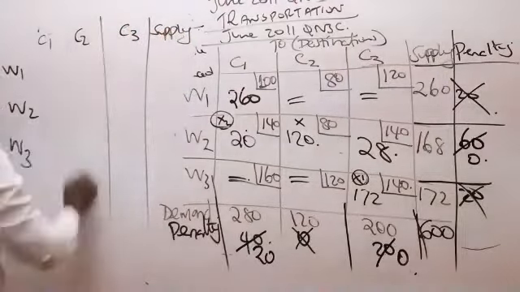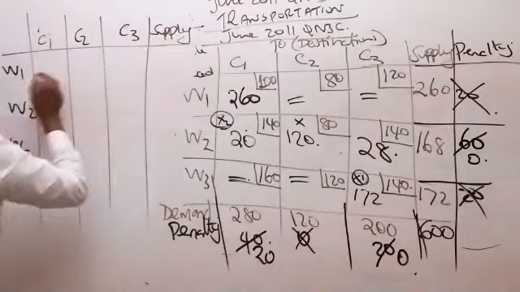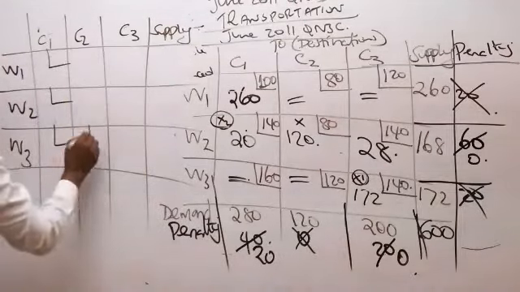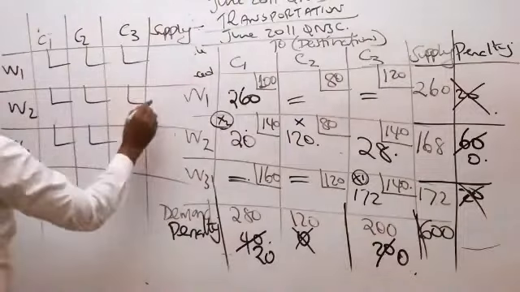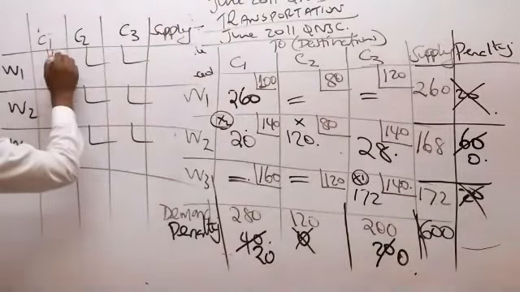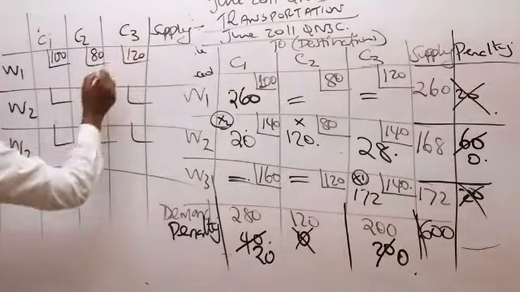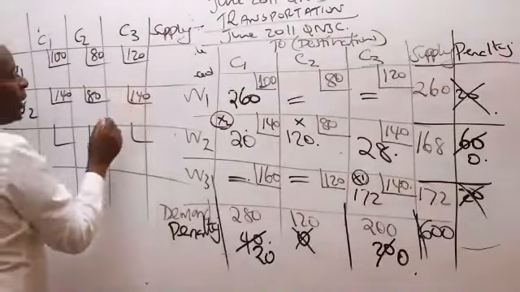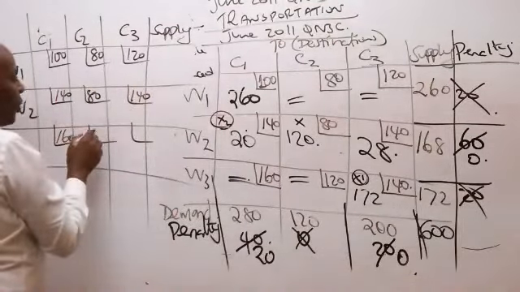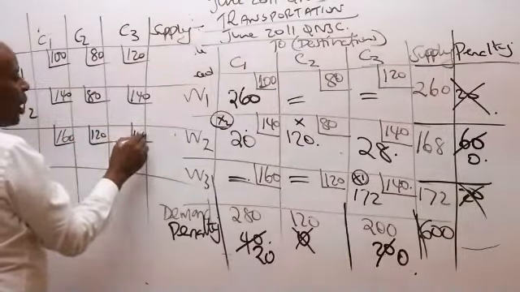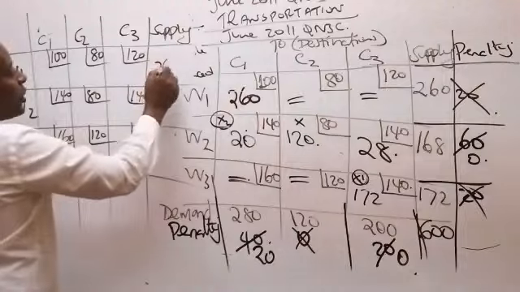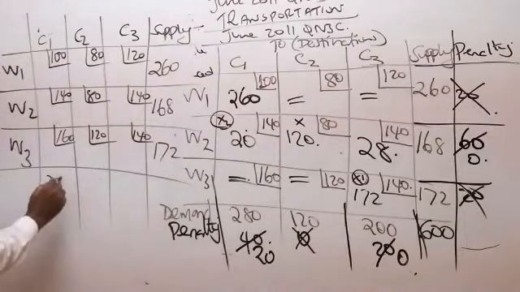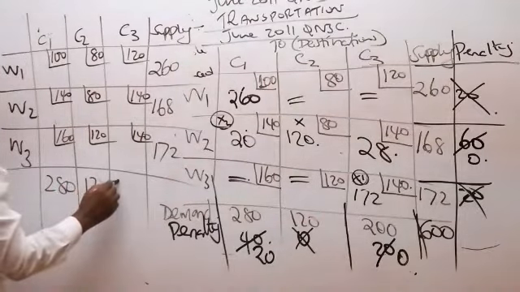We have here our cells: 100, 80, 120, 140, 80, 140, 160, 120, 140, and then we have 260, 168, 172, 280, 120, 200.